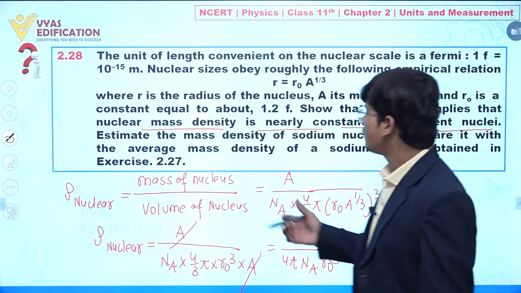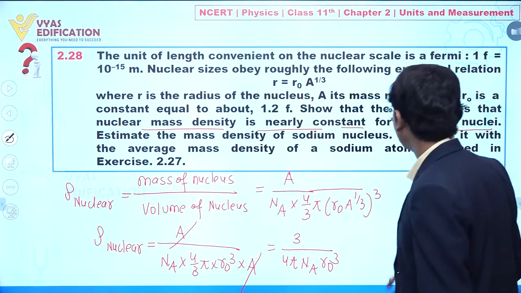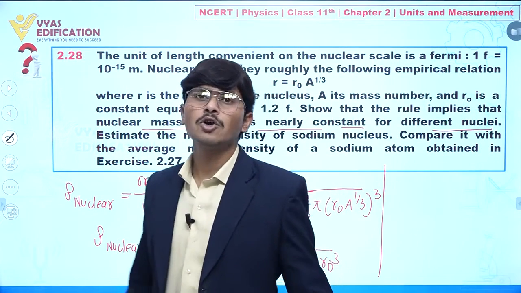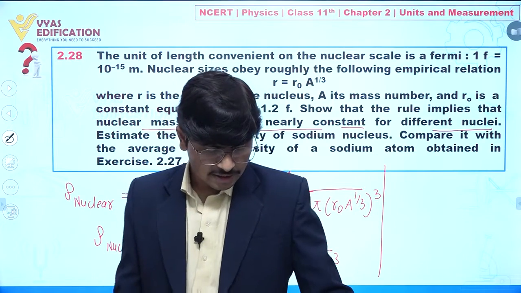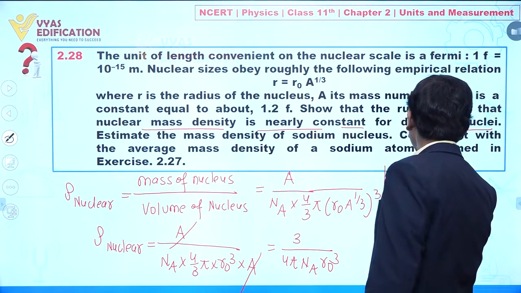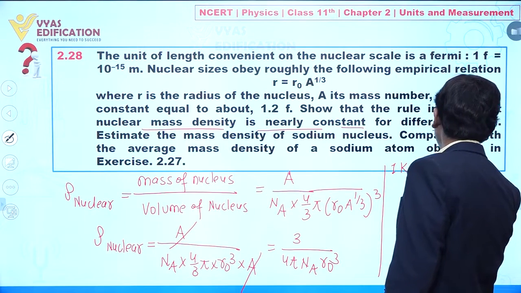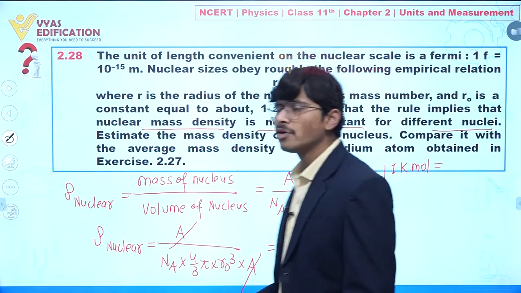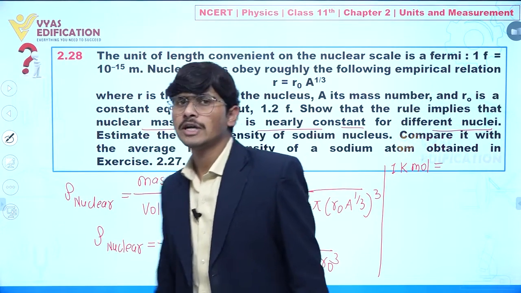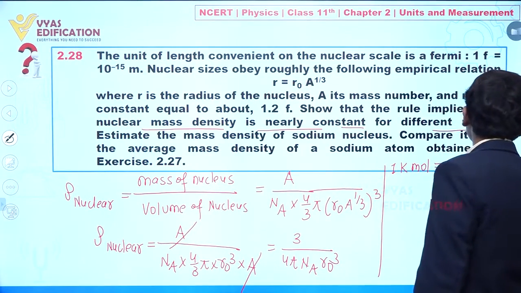But actually we have to estimate the mass density of a sodium nucleus. Clear? So let's suppose we are taking 1 kilomole of sodium atom. For example, I am taking 1 kilomole of sodium atom. In 1 mole we have Avogadro number, or 6.023 into 10 to the power 23 atoms.